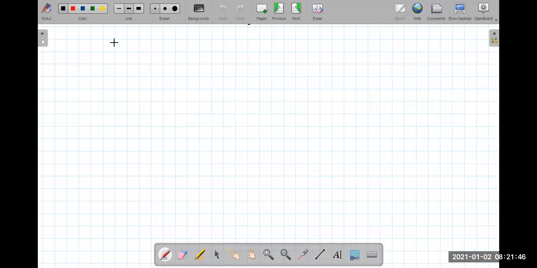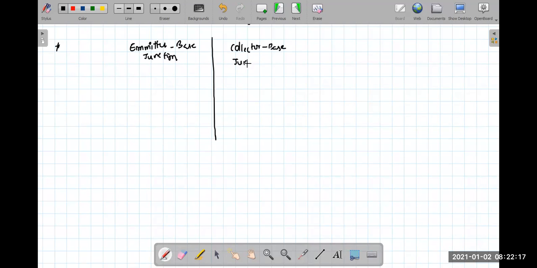So let me write about the emitter-base junction. What are the possible types of biasing? Emitter-base junction and collector-base junction.